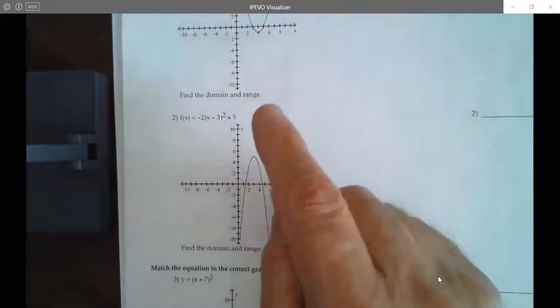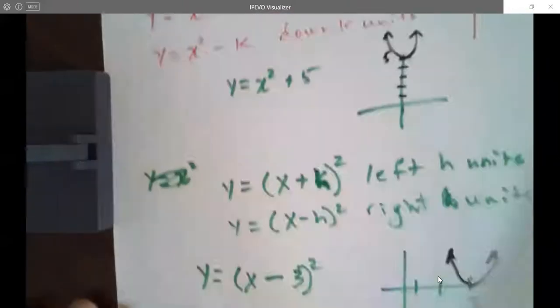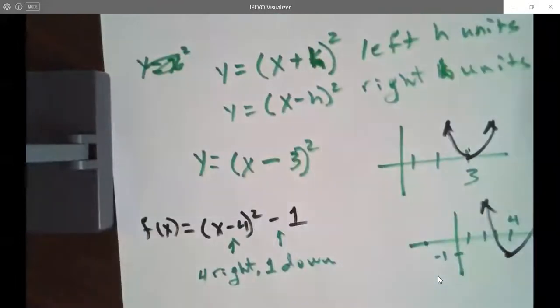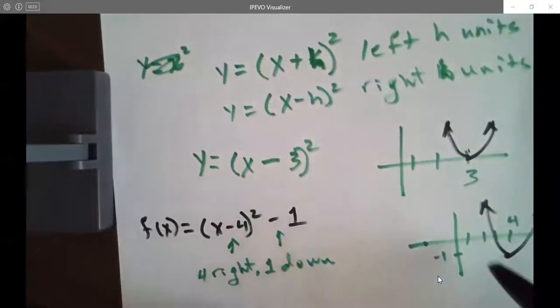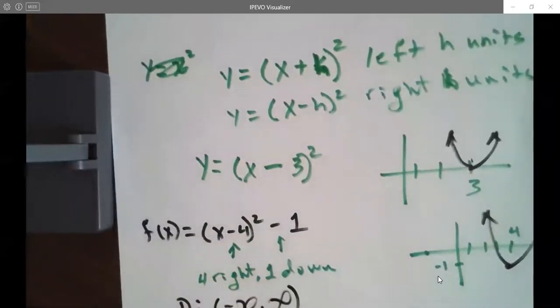One more thing, it's asking for the domain and range, right? The domain for all the parabolas is all real numbers, or negative infinity to infinity.